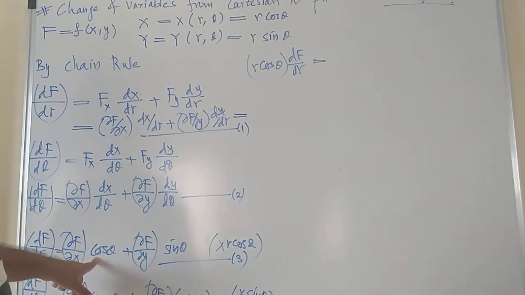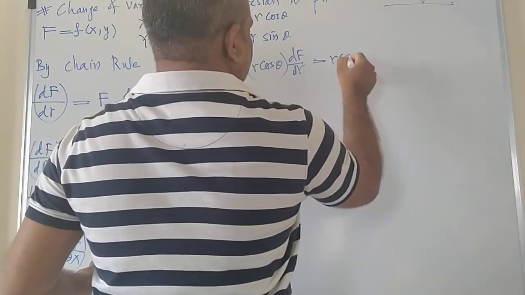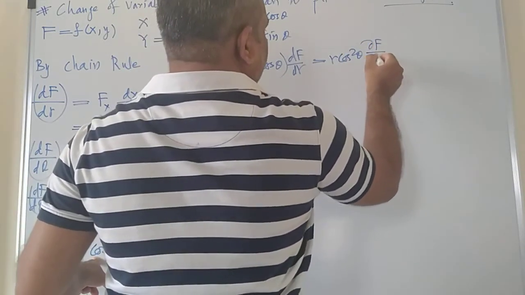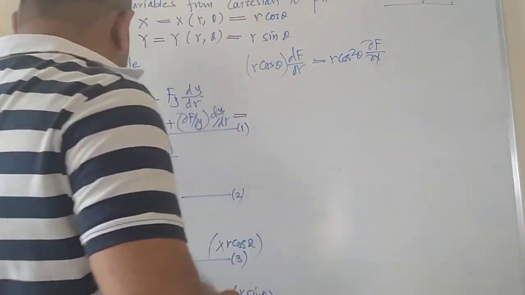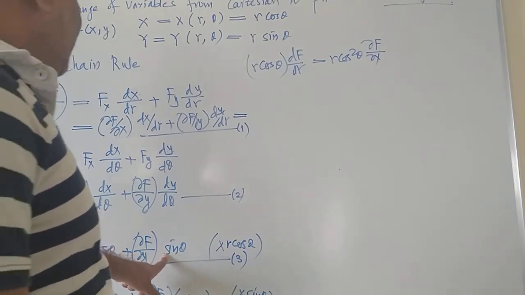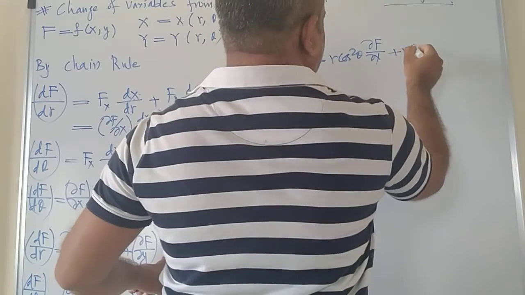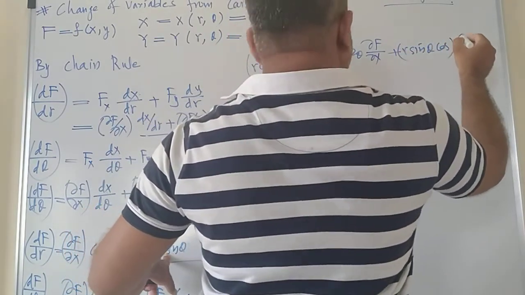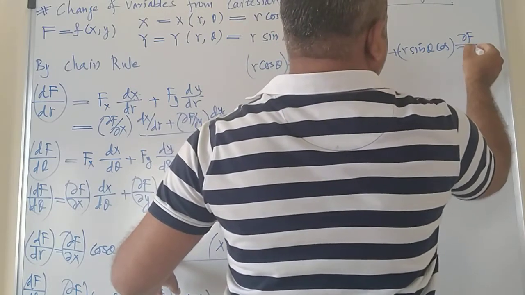Now this will become r cos theta into cos theta, which is r cos square theta into dou f by dou x, plus r sin theta cos theta into dou f by dou y.